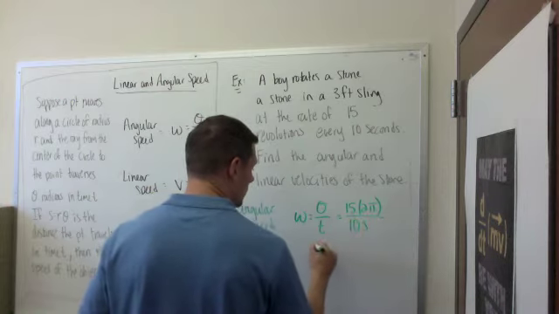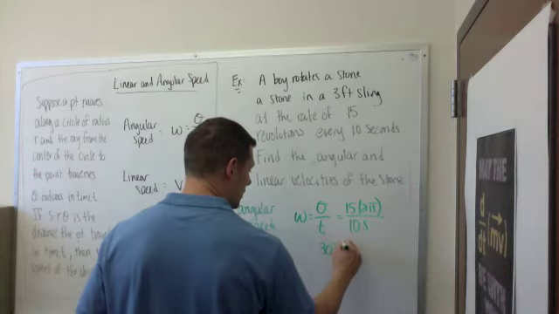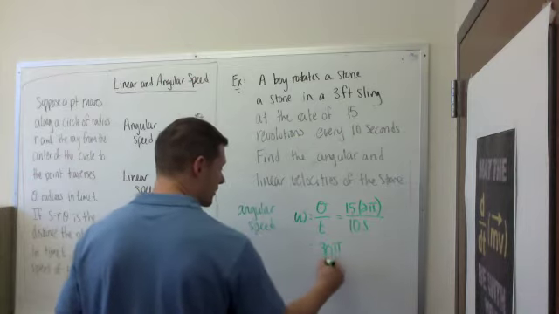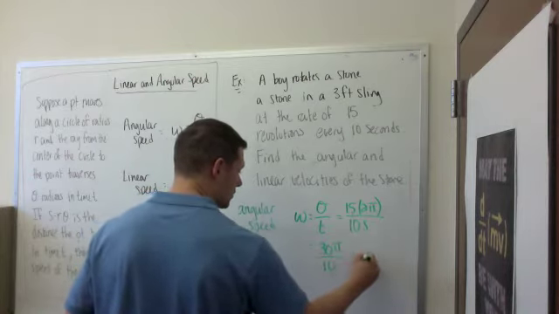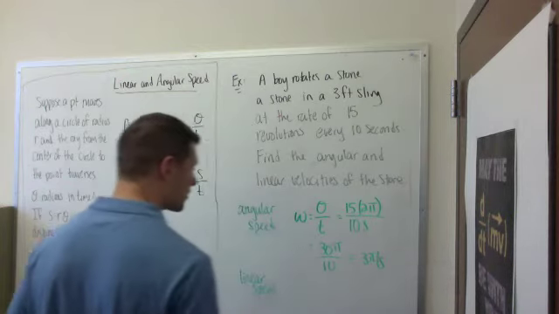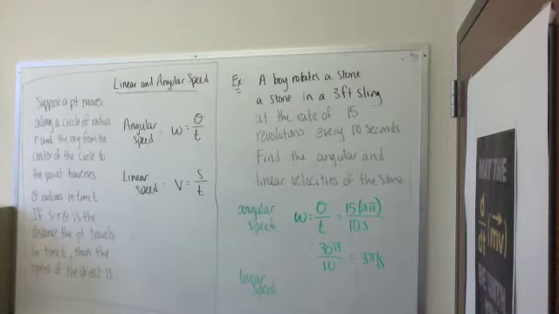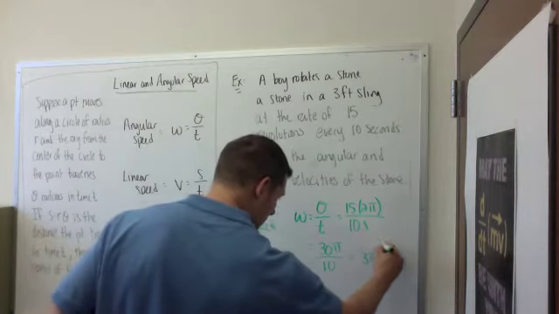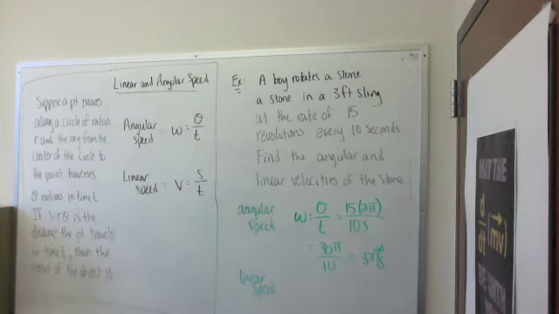So then we'll have 30 pi divided by the total time of 10 seconds, which equals 3 pi per second. I didn't put radians there, it should be 3 pi radians per second.